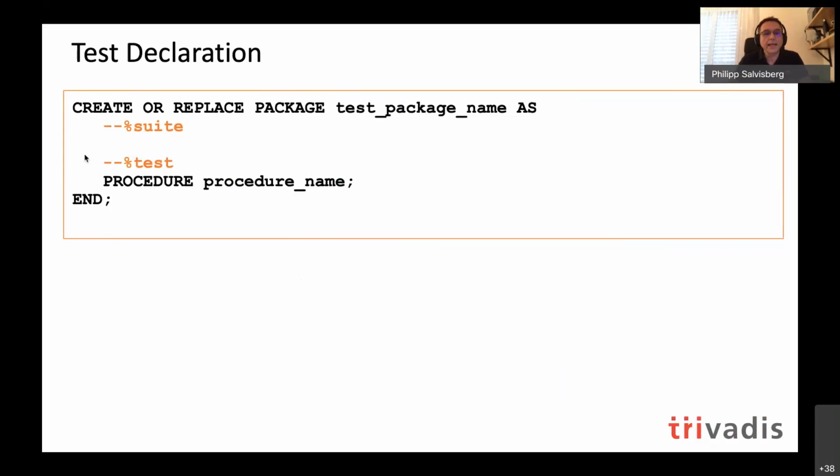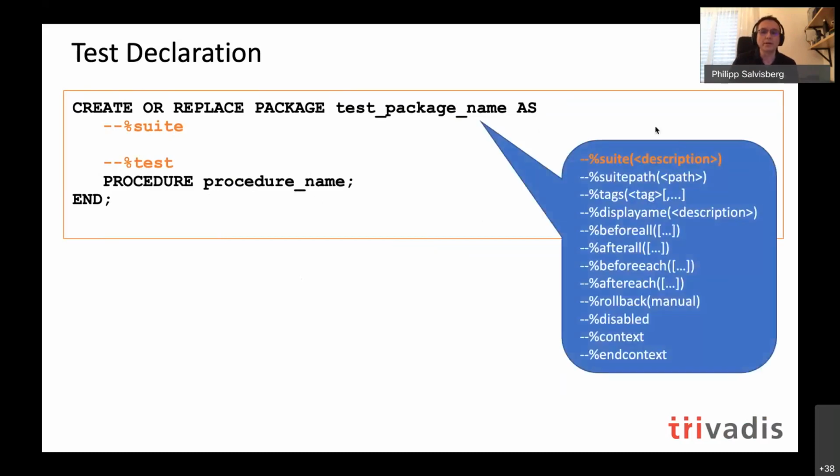Okay, and the next thing we have to flag is the test procedure itself. We flag here the procedure name to be a test. That's it. So this is the most simple version of a test definition I can come up with. And of course, there are more annotations possible.